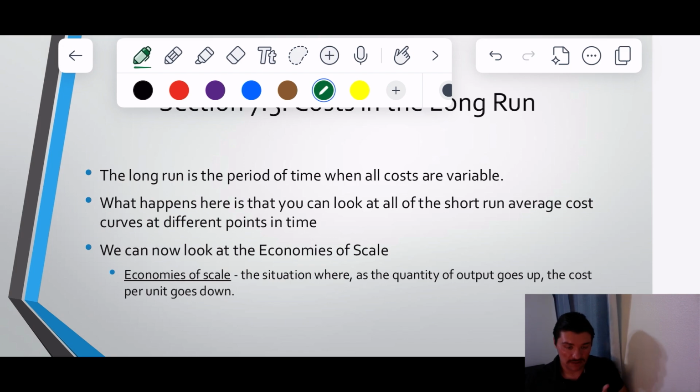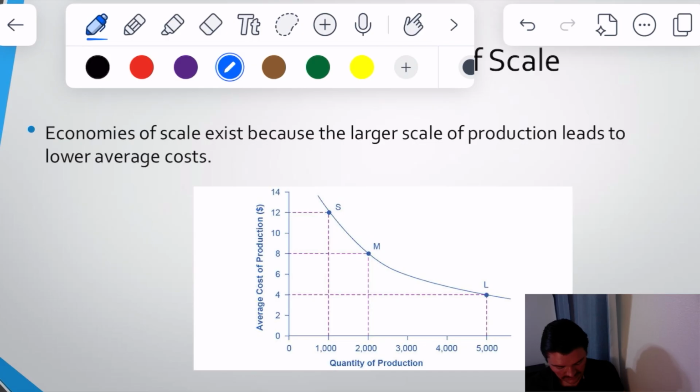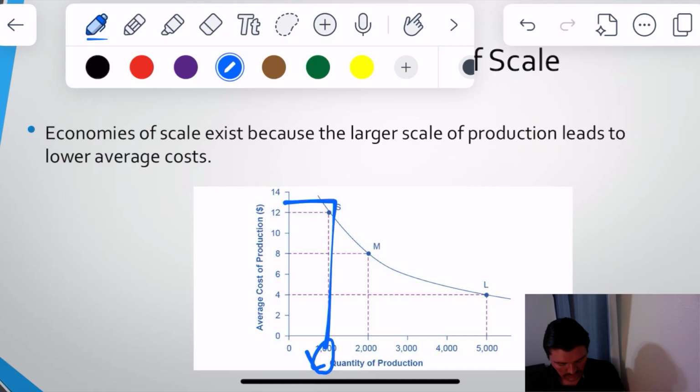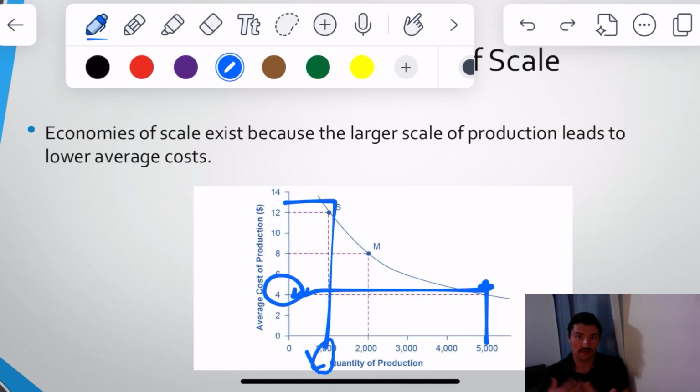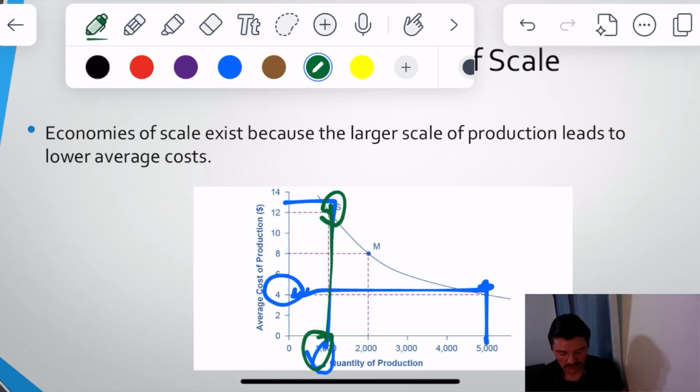I'll show you what that looks like. Economies of scale is really where as we produce more, the average cost is decreasing. We were up here at 1,000 units, and now we're down here at $4 per unit at 5,000. Think about Amazon working out of a garage. They can only produce a little bit, so their average cost was way up here.